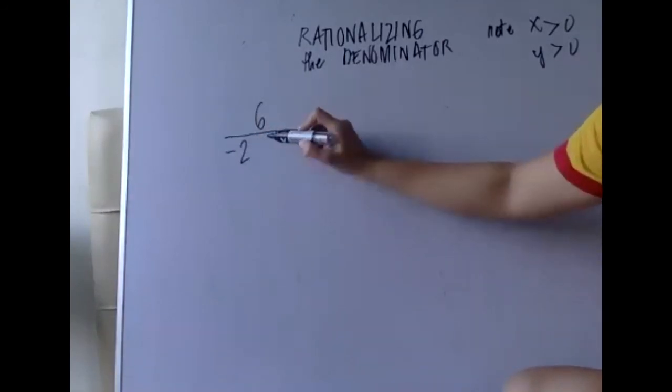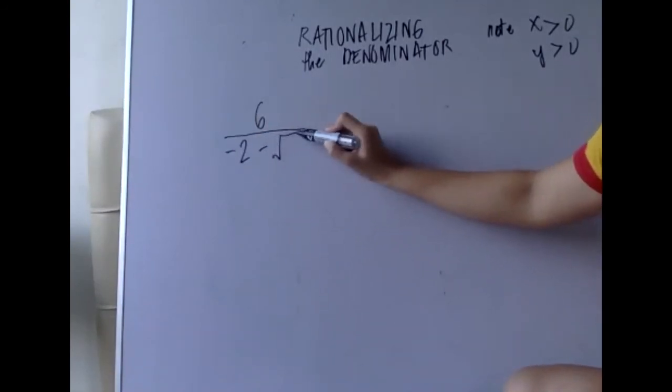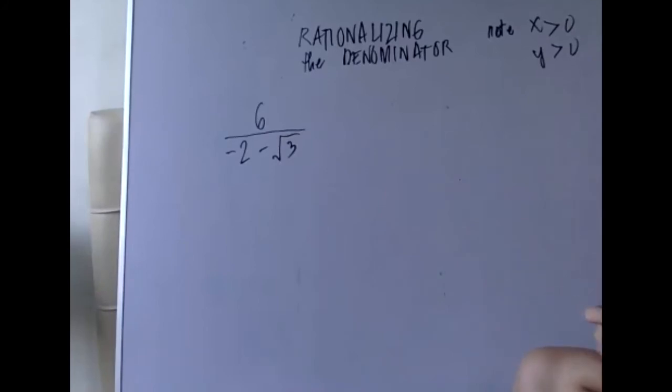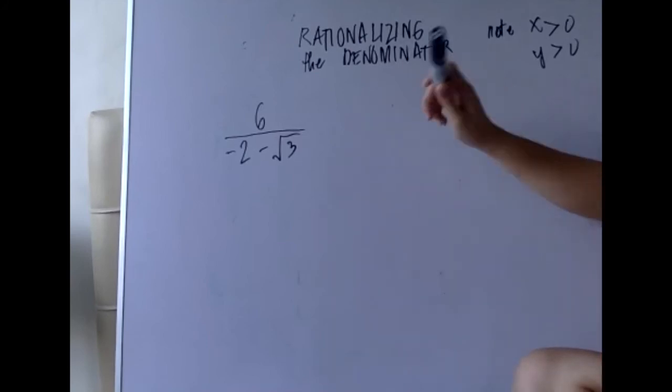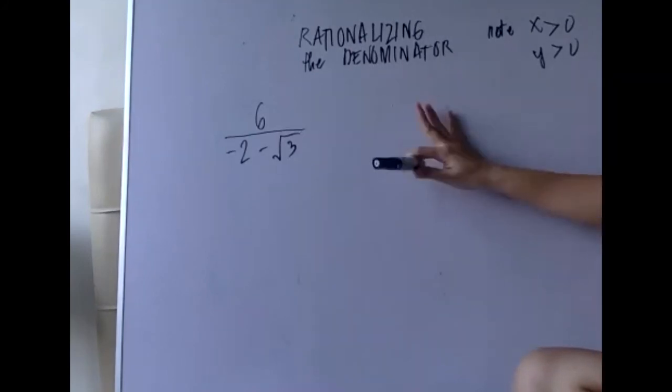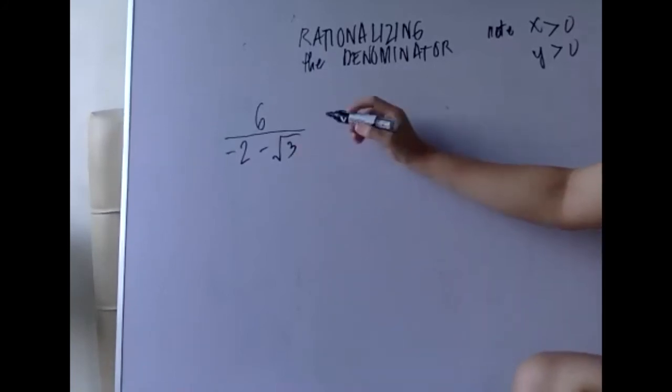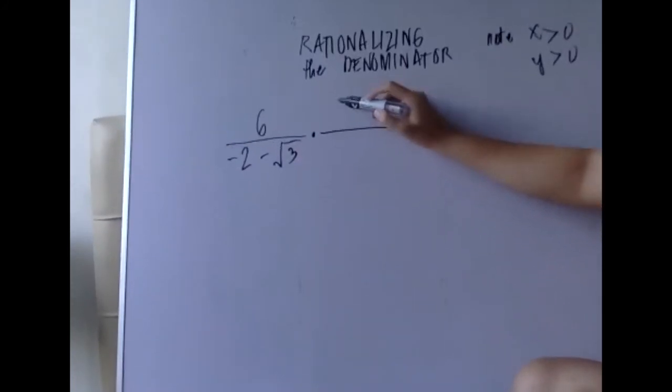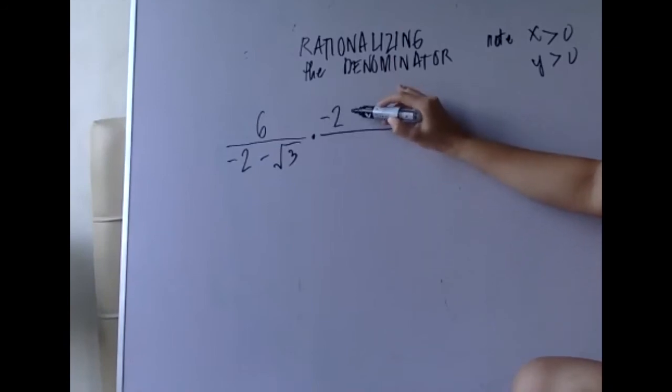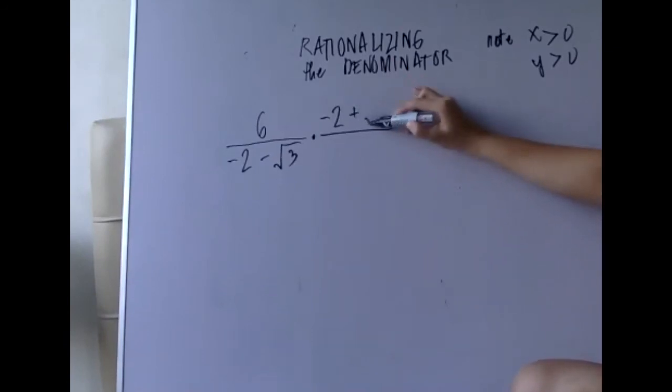How about if we have this? Okay, may dalawa kang pwedeng gawin dito. Get the conjugate. So that's multiplied by negative 2 plus square root of 3.